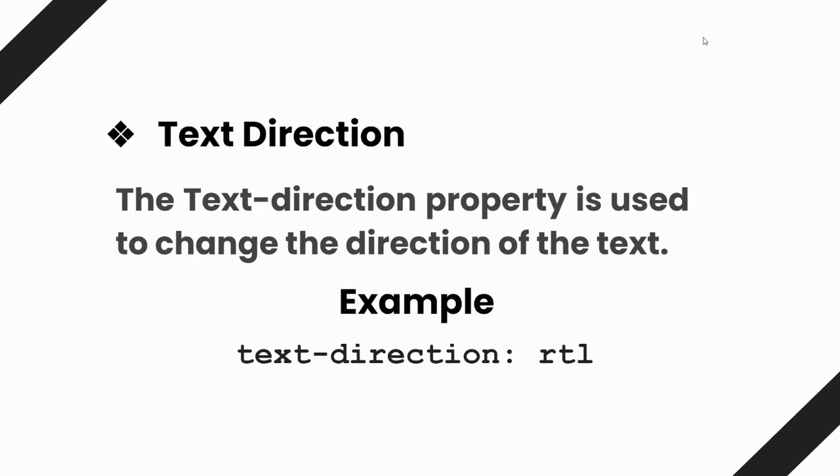Next, we have the text direction. The text direction property is used to change the direction of the text. What this property basically does is change the direction of the text that is being rendered on the screen. By default in HTML, any text you render on the screen always starts on the left hand side.